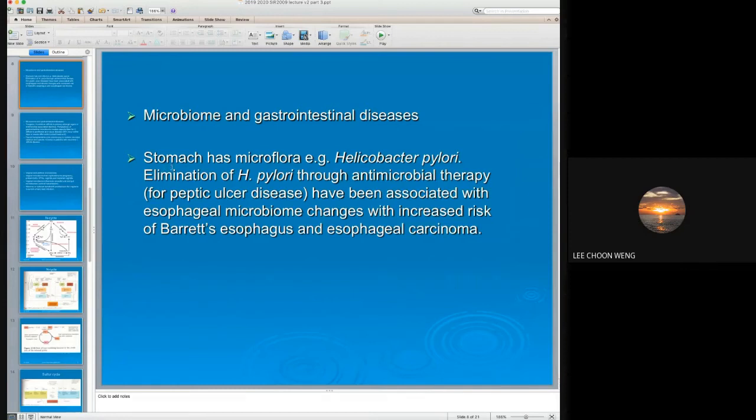So by changing the microbiome here, by removing Helicobacter pylori, you may reduce risks of peptic ulcer disease and stomach cancer, but you increase other types of cancer. So it is not so straightforward as just changing the microbiome. More studies are usually needed due to the wide variability in the human population.